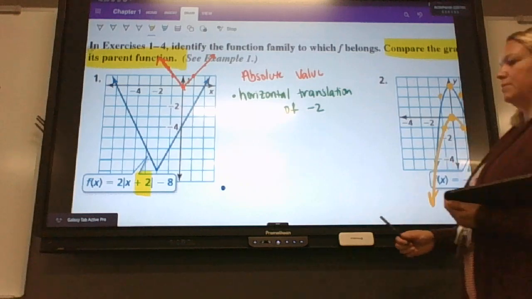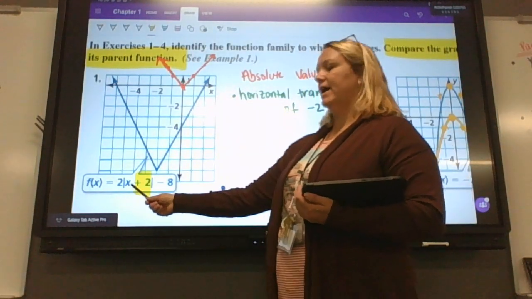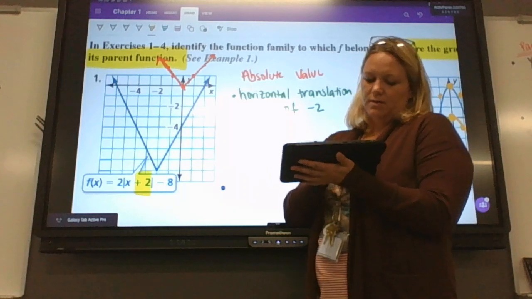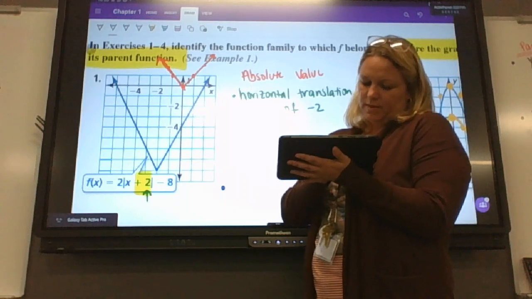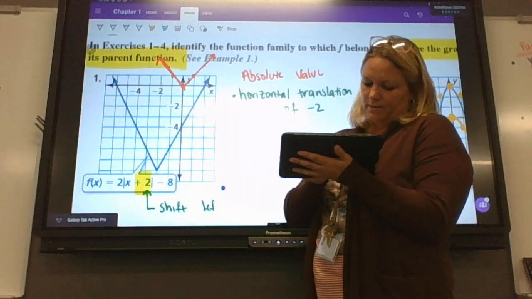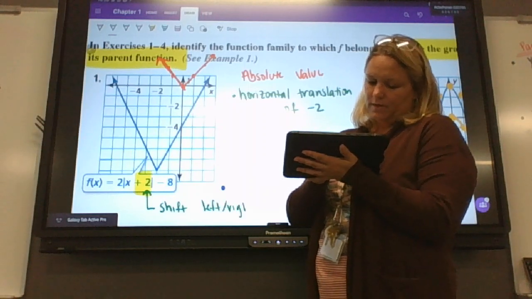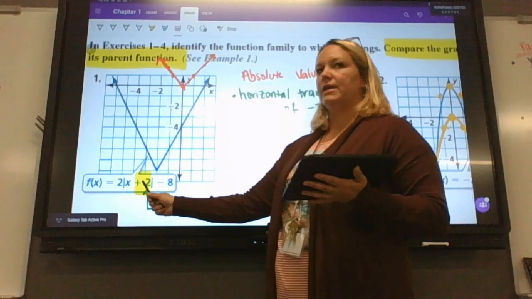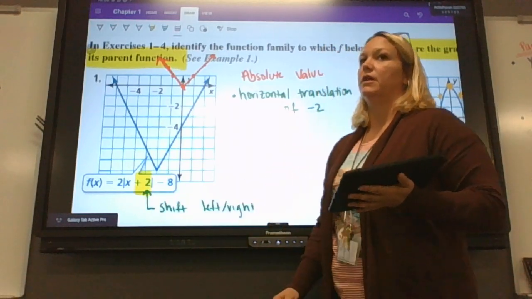But the number in the brackets with the x is responsible for a shift left and right. So I'm giving you guys some information here. If it's with x and it's in parentheses or brackets, that's going to shift a graph left or right.